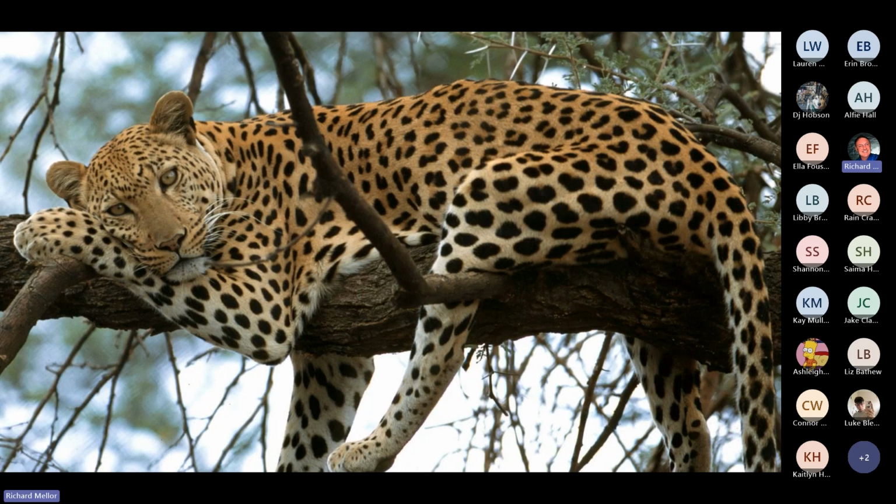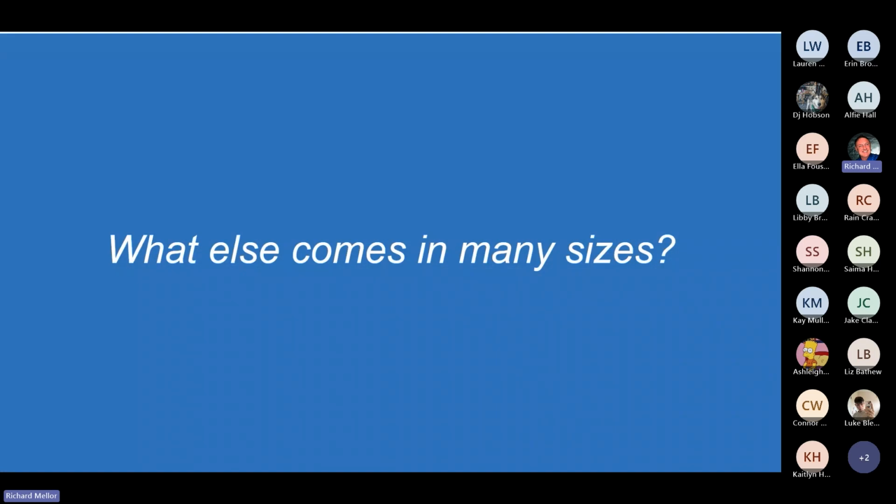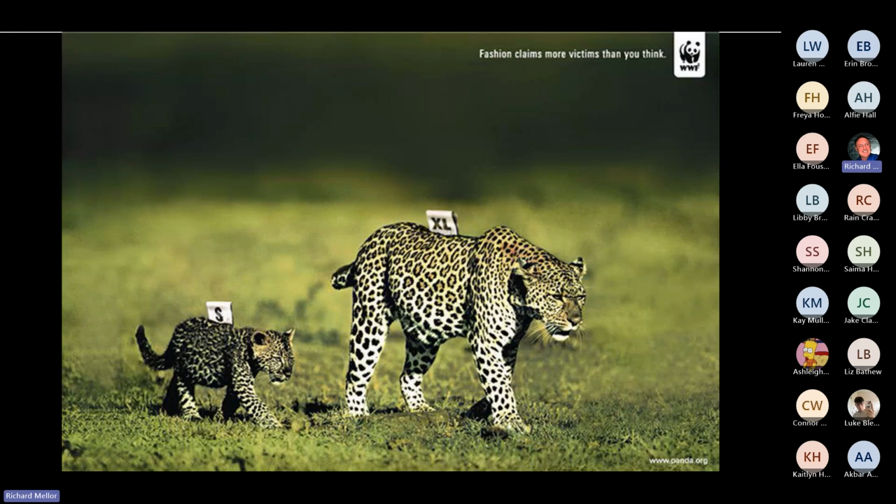The actual animal itself. A family of leopards come in many sizes. You've got baby cubs, you've got mum and dad, and you've got siblings. Then ask ourselves, what else comes in many sizes? Clothes, where through the power of additive fused metaphor, you've taken the same picture and you've added the size labels.